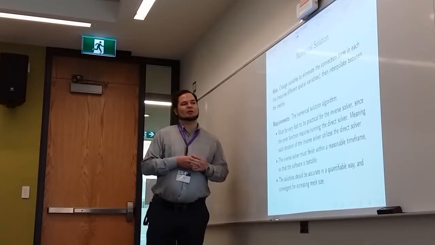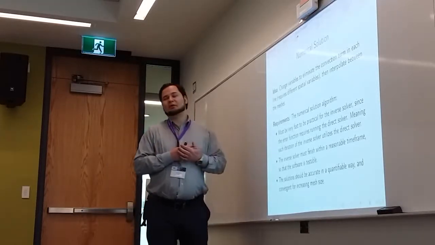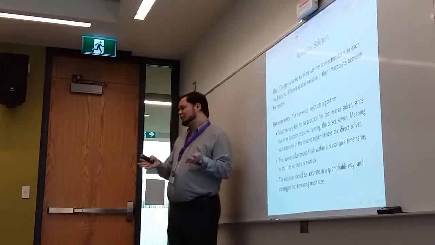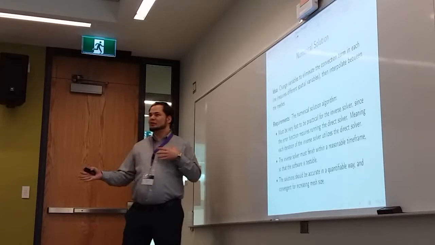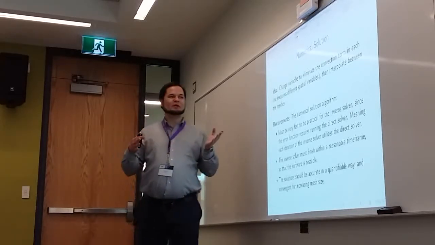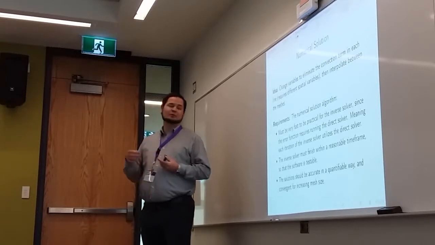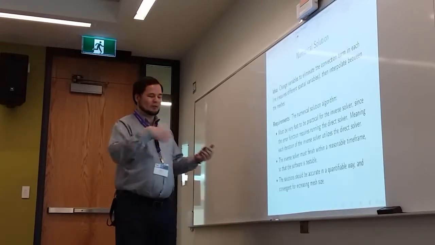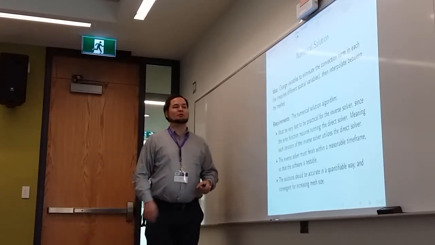For the numerical solution, the idea is to change variables to eliminate the convection term. If you're familiar with convection diffusion equations, the huge issue is that the convection and diffusion coefficients interact in a way that typical numerical discretization schemes become unstable.